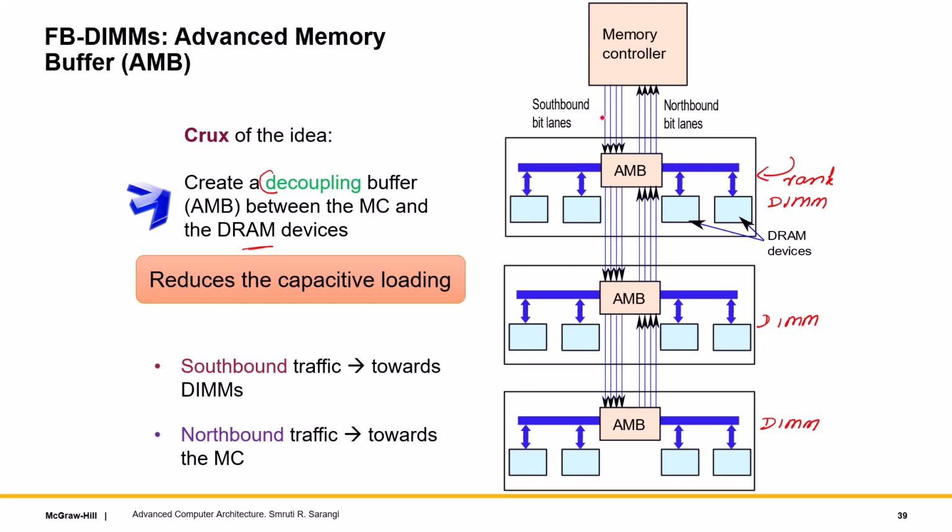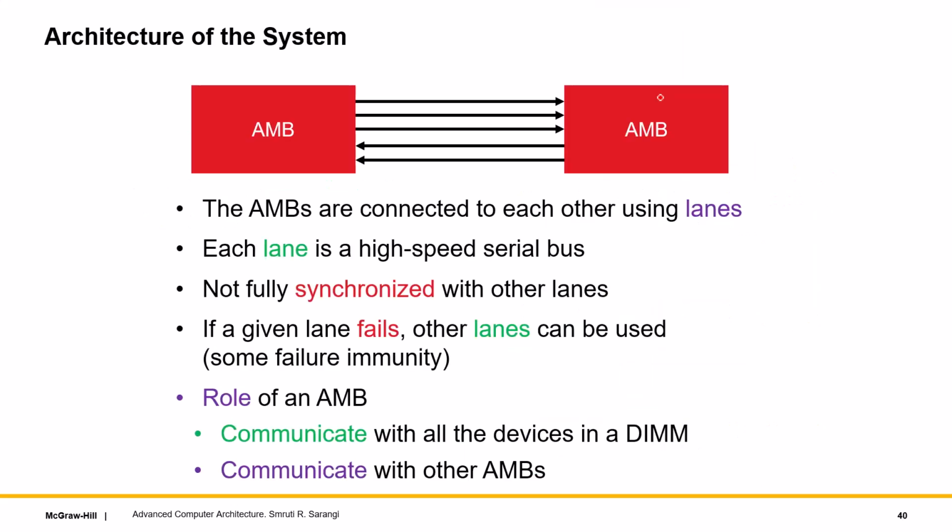The reason being that you are splitting the lines. You have southbound bit lanes where data flows south, to the rest of the memory devices, and northbound lanes when any traffic is destined to the memory controller.